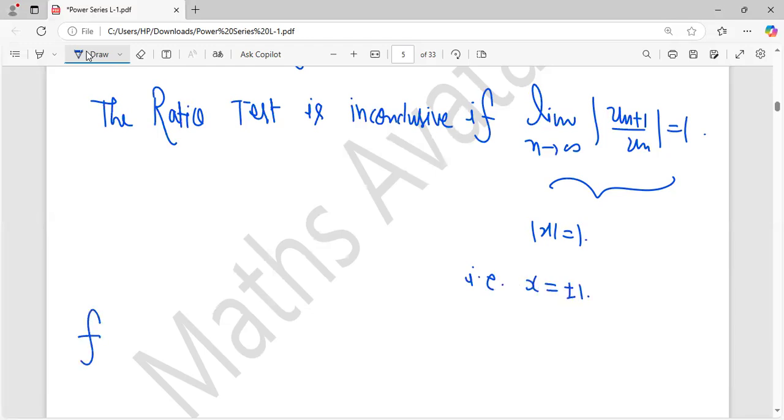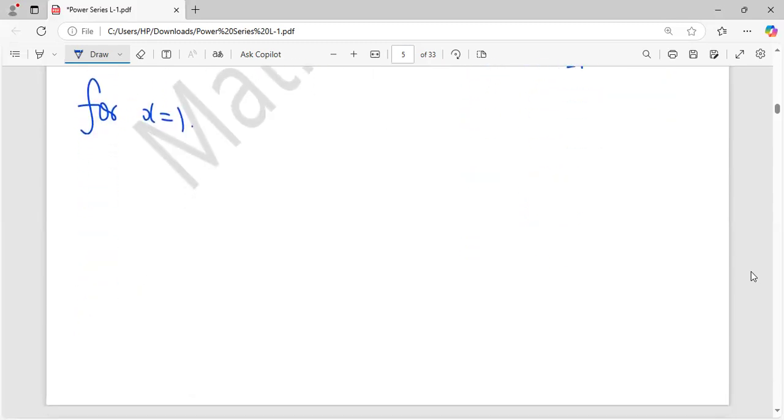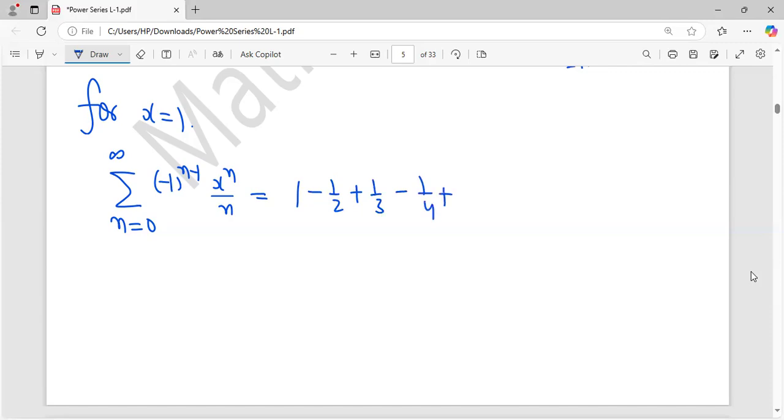For x is equal to 1, what is the power series? For x is equal to 1, the power series becomes 1 minus 1 by 2 plus 1 by 3 minus 1 by 4.